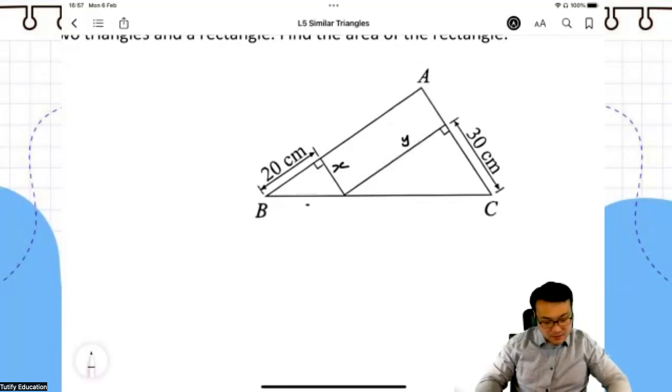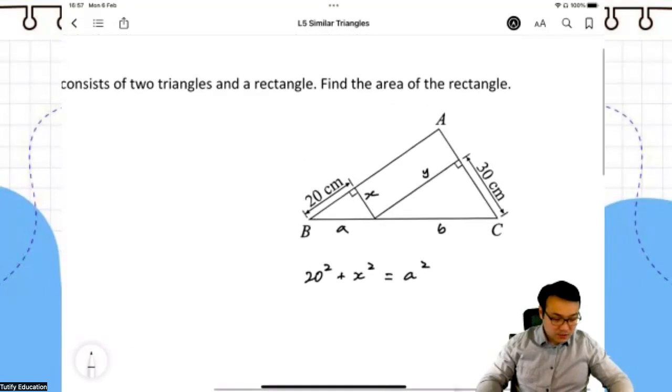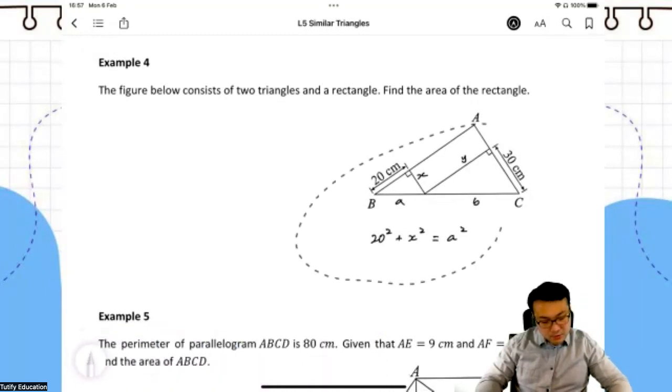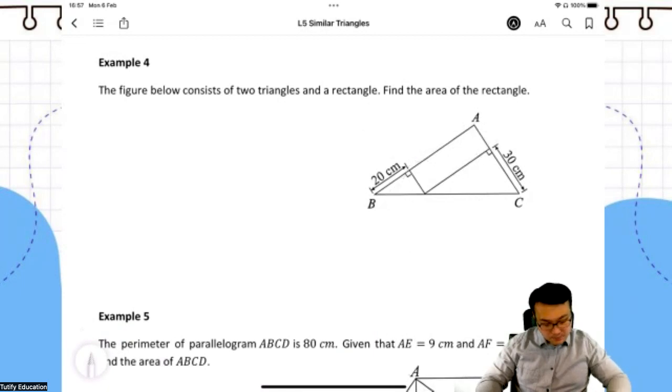You call this A and you call this B, then you say this square plus this square equals this square. But of course, there's too many variables and we'll never know the exact answer. You can only guess in this case. So Pythagoras theorem will not really work.